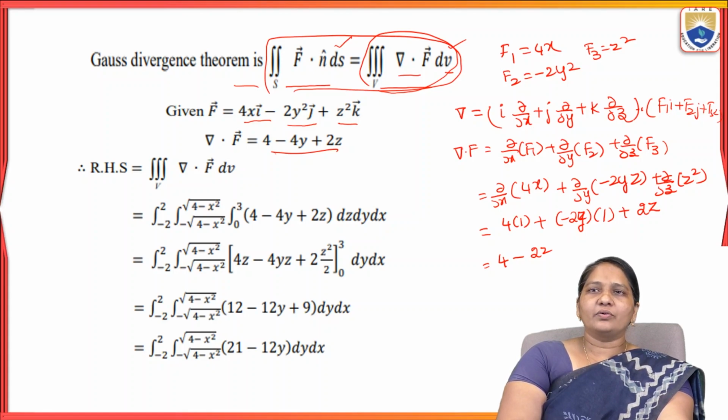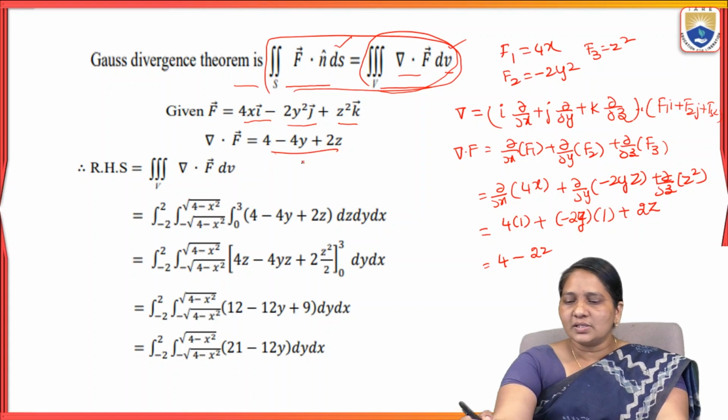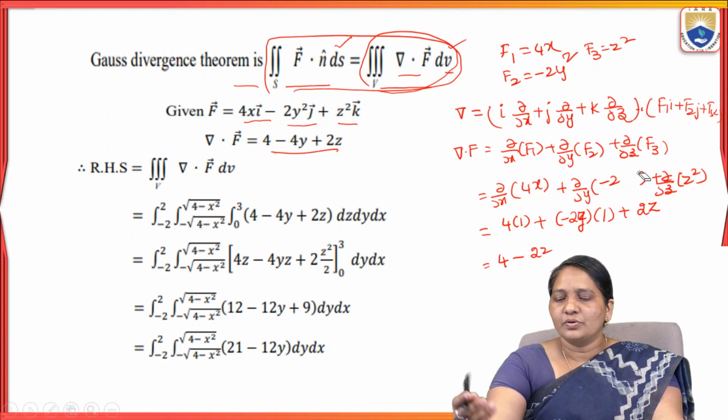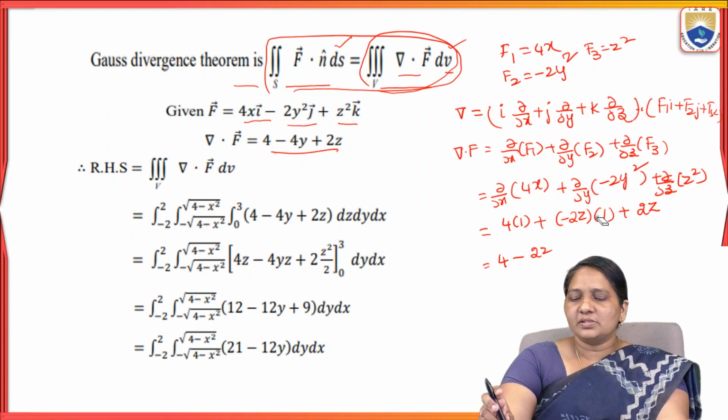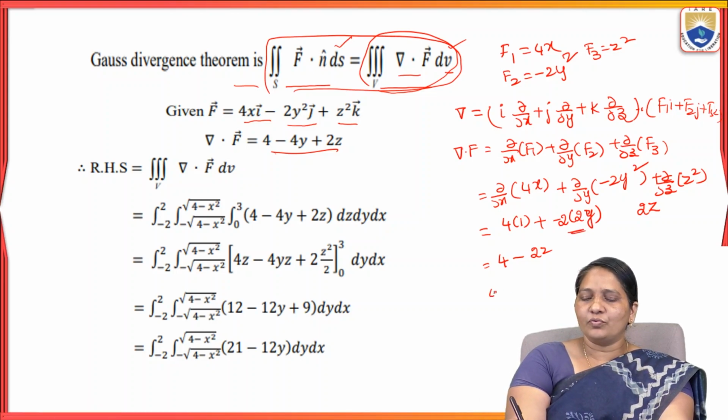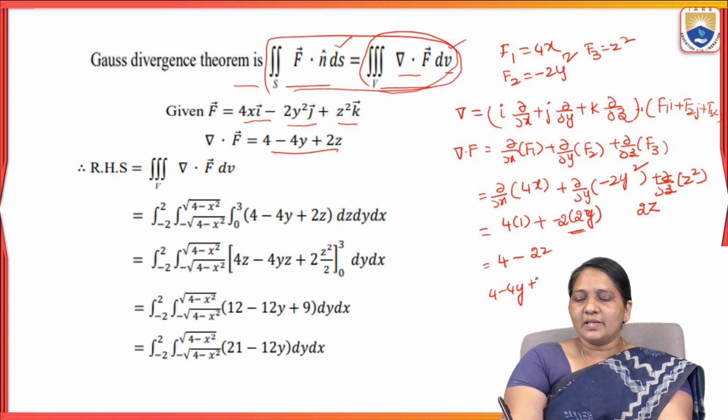Now we calculate the del dot f value. Minus 2yz, differentiated gives minus 2z, and z square gives 2z.